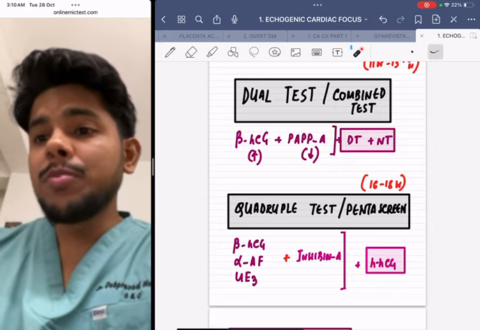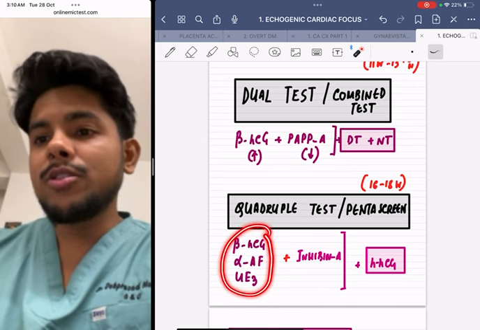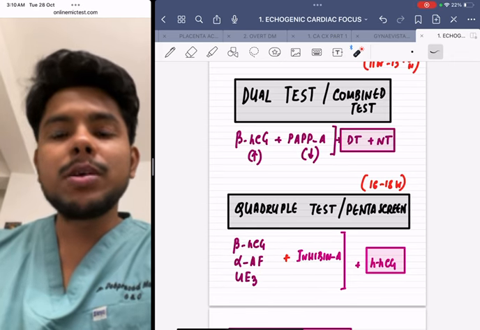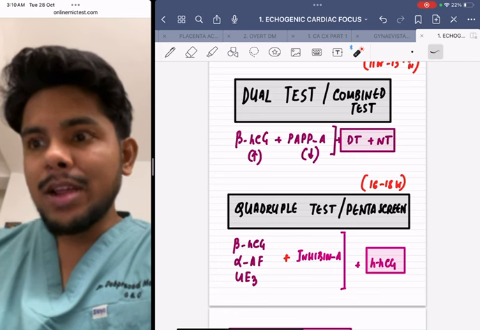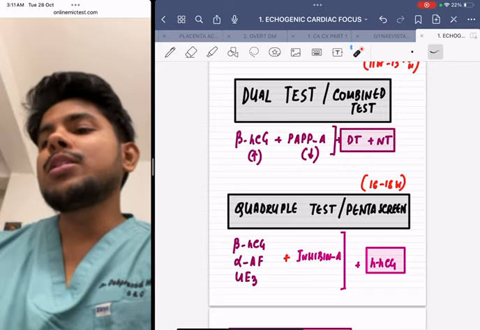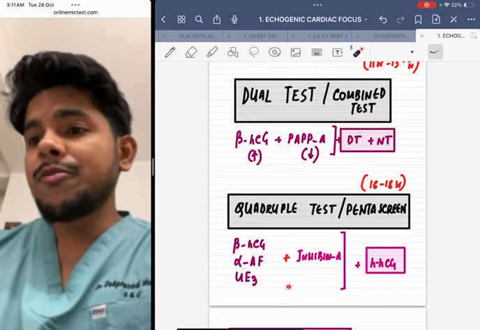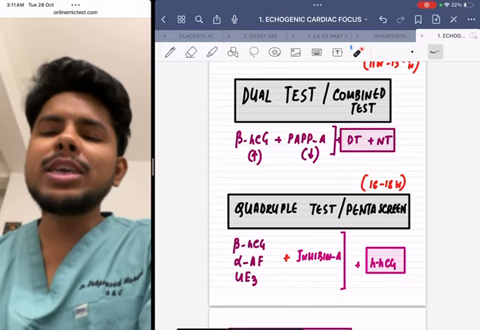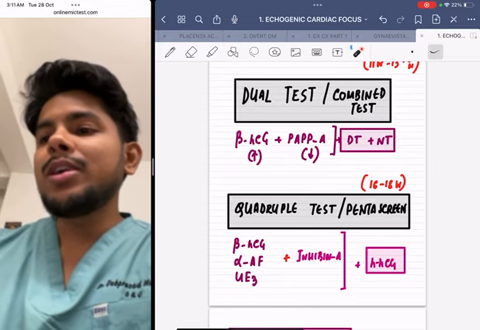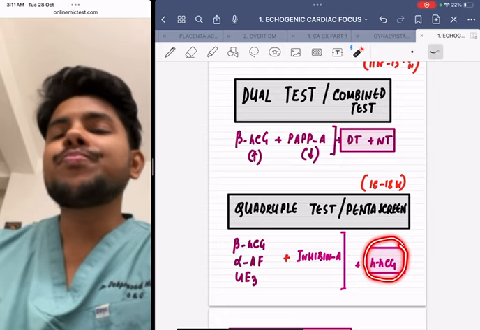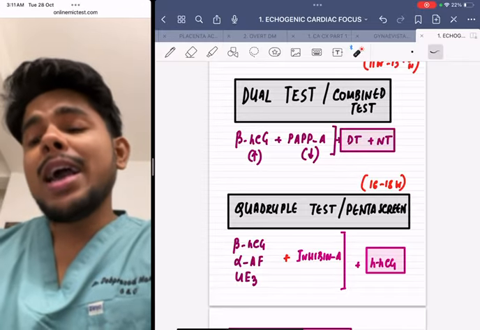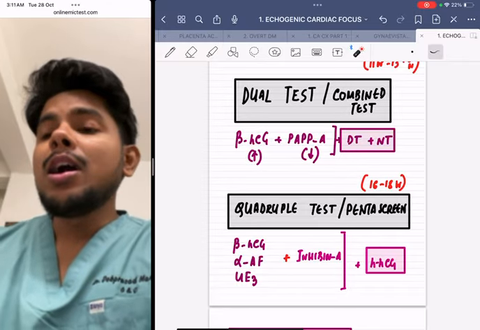We can do the quadruple test along with these 3 tests. If we add inhibin A, it becomes quadruple. And in the modern era, we prefer something known as the pentascreen along with the quadruple test. If we add hyperglycosylated HCG, it becomes a pentascreen.